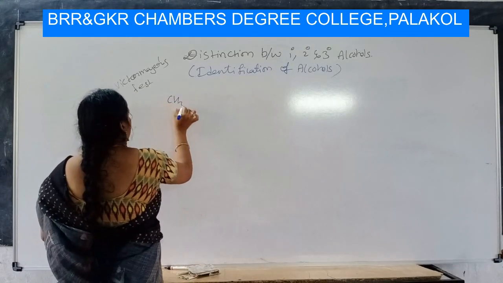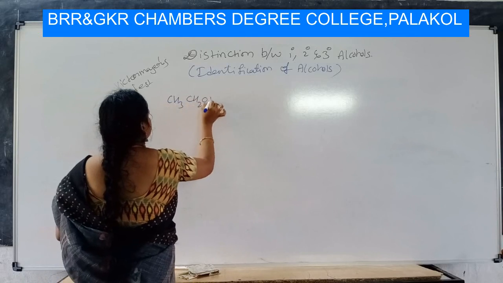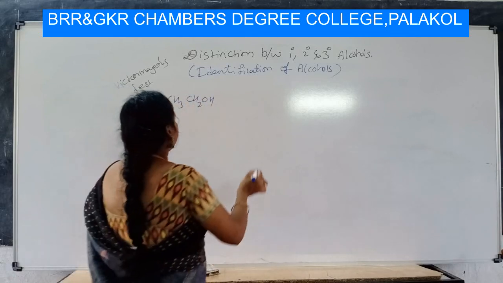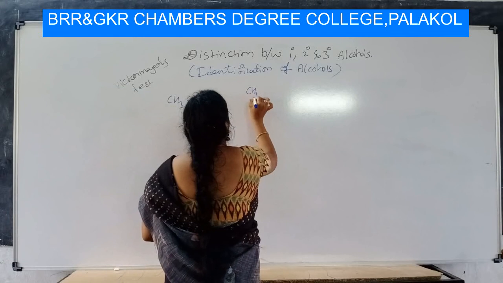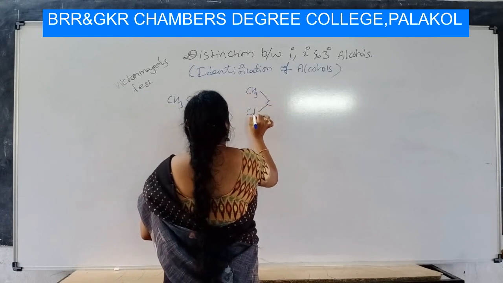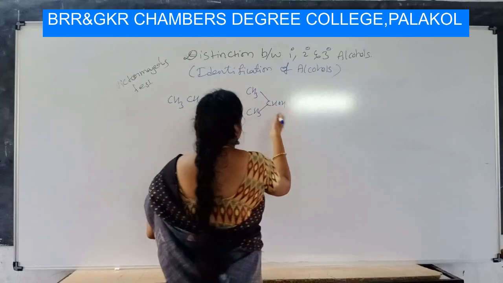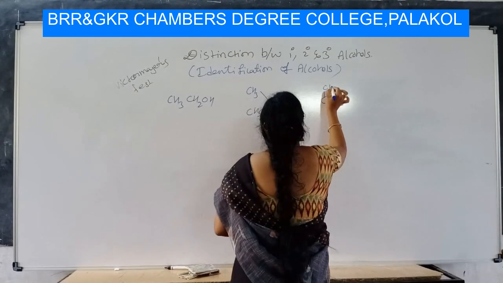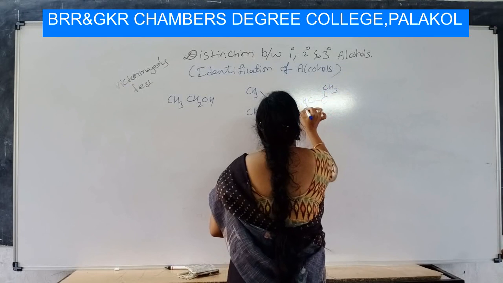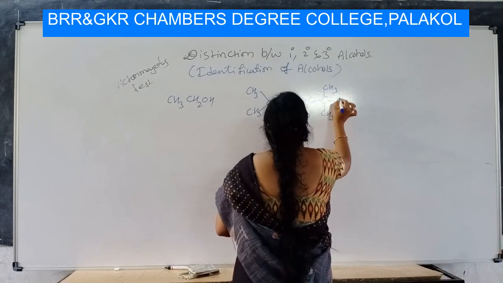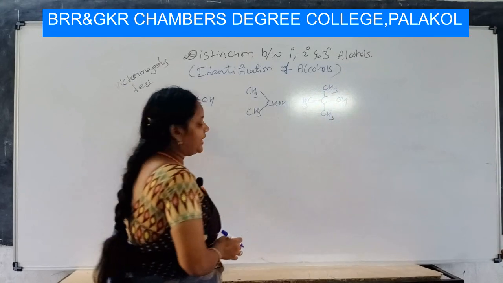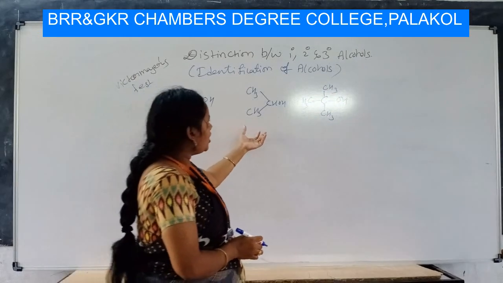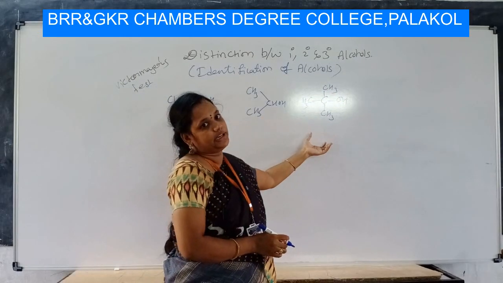Take primary alcohol, for example CH3CH2OH, secondary alcohol, for example CH3CHOHCH3, isopropyl alcohol, and tertiary alcohol, (CH3)3COH.